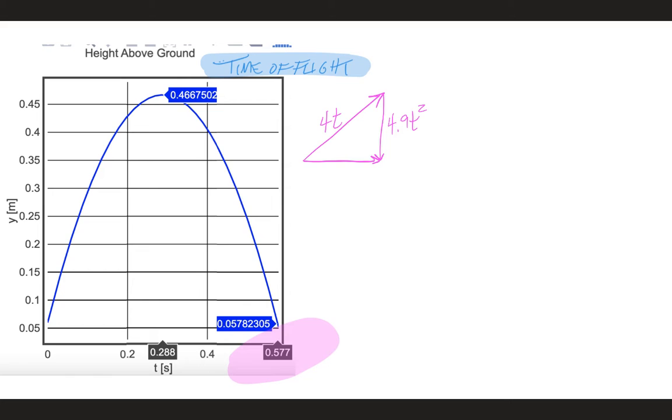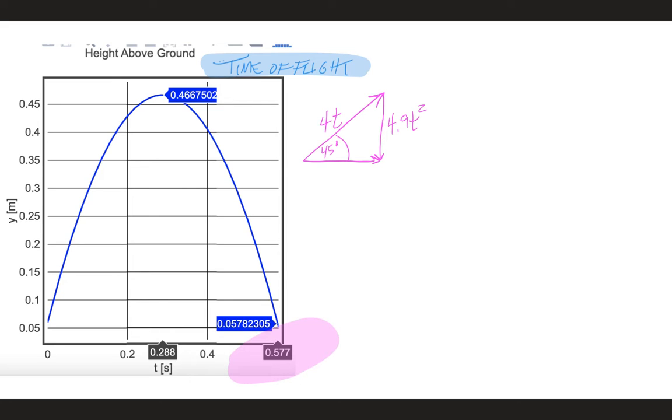G is 9.8, half of that is 4.9, so 1/2 gt squared is 4.9 t squared. In the textbook, we did a lot of 5 t squared, just assuming that g was 10, just for nice, pretty numbers, okay? And we had an angle of 45 degrees. Those were all known things from the givens in the assignment.